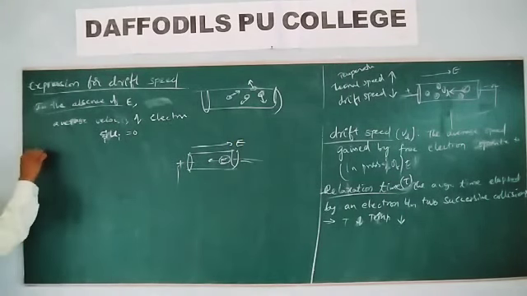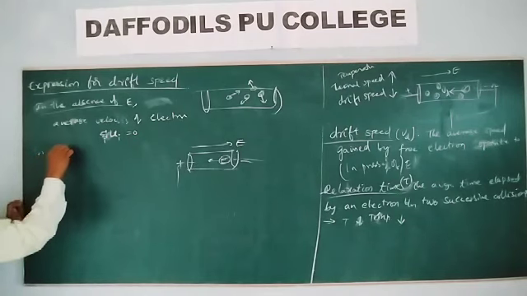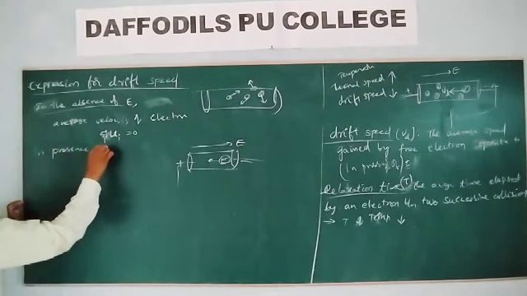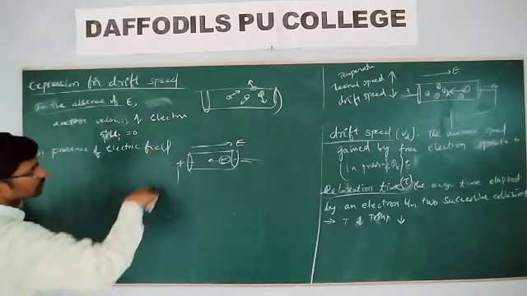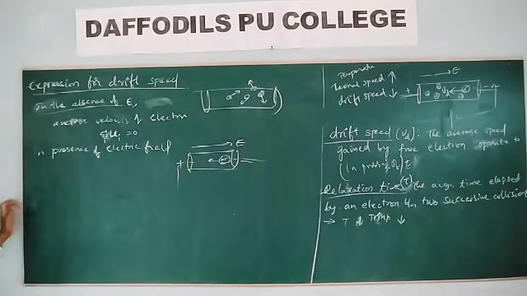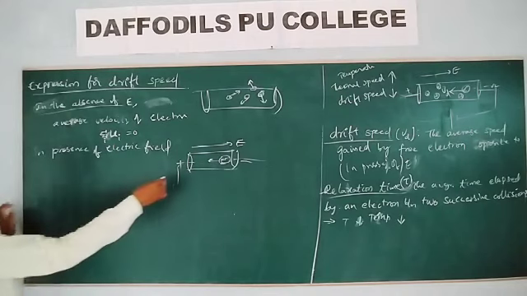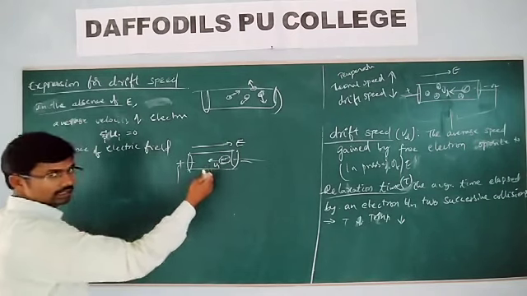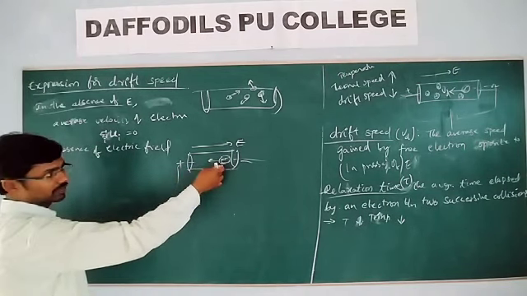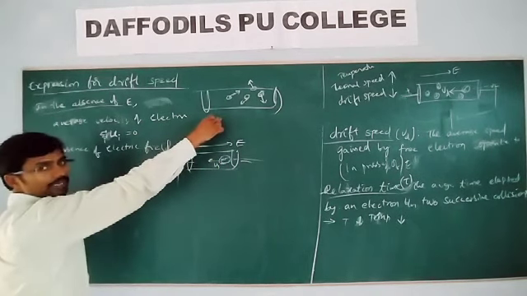Now, in presence of the electric field, what would be happening? For example, u1 is the initial velocity of this electron before applying the electric field.